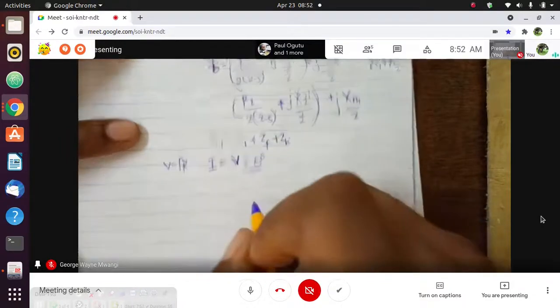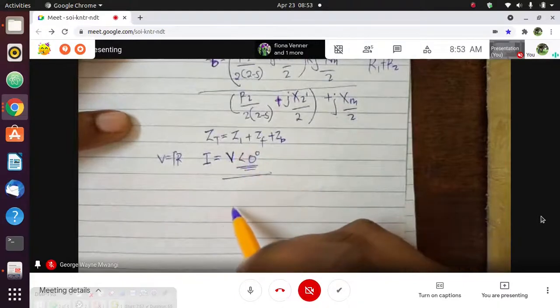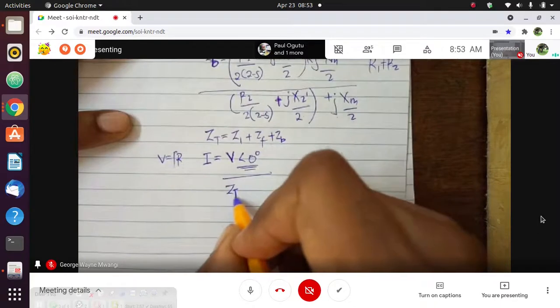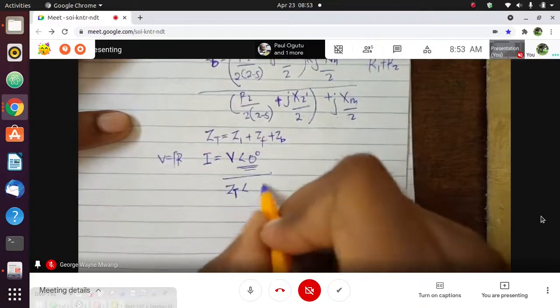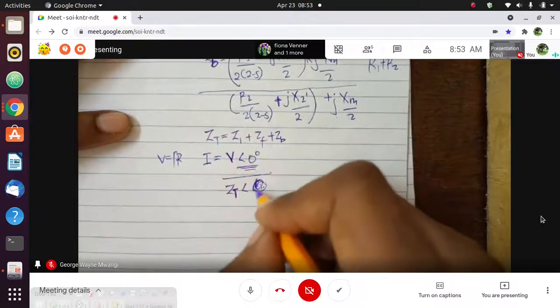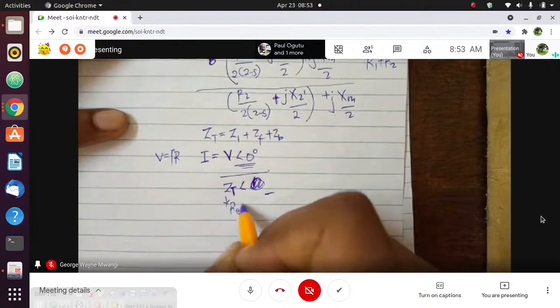This indicates the phase angle of the supply voltage, which is always at 0 degrees, divided by the impedance, at whatever angle that you will get. We will do the calculation and see at which angle you will get. This is the total impedance in that circuit.